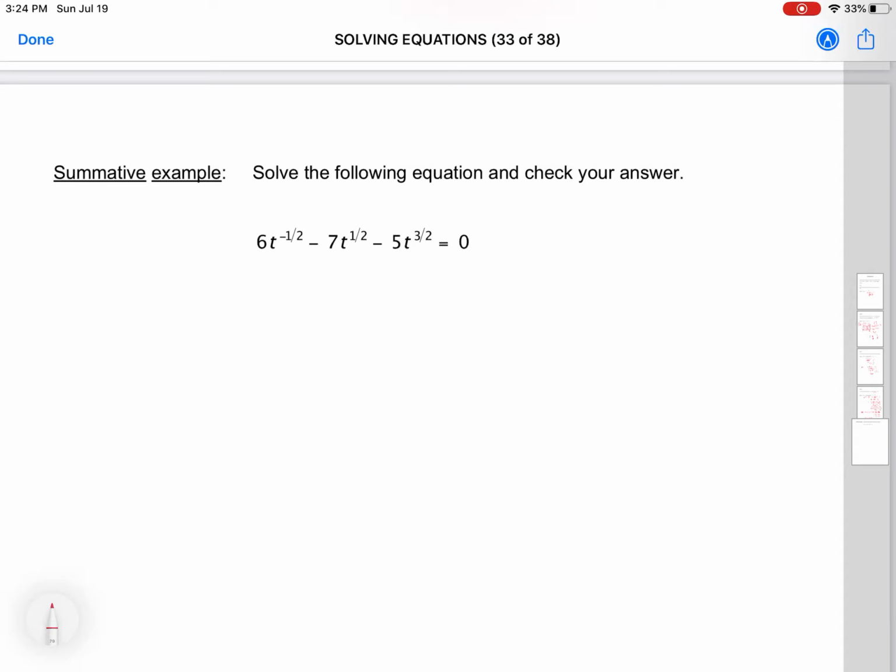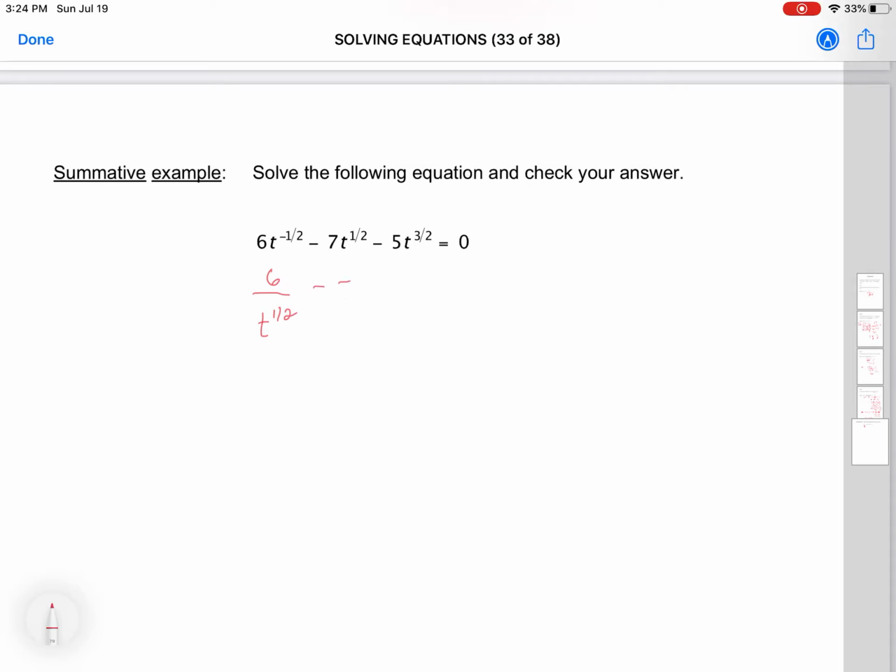So on to the last example here, some sort of a summative example that has all sorts of positive and negative and fractional exponents. 6t to the minus 1/2 minus 7t to the positive 1/2 minus 5 times t to the positive 3/2 equal to 0. Well, there's a negative exponent in there, so it's always good practice to get rid of the negative exponent.